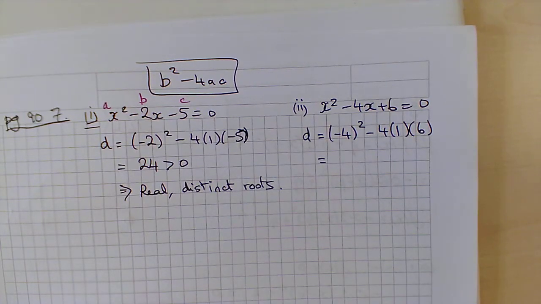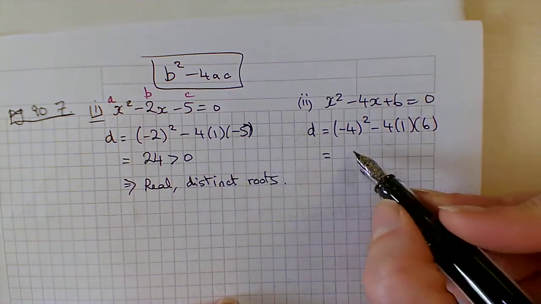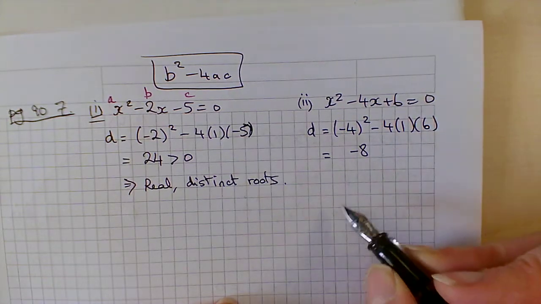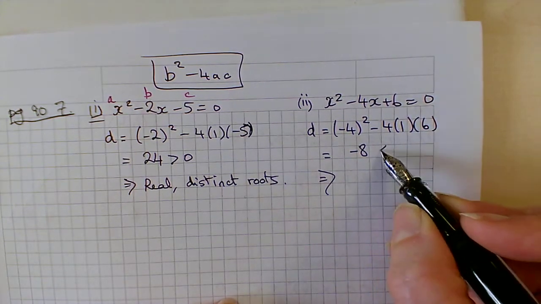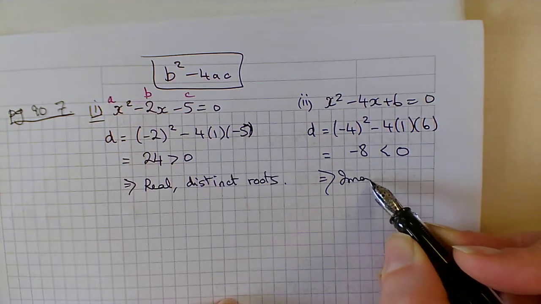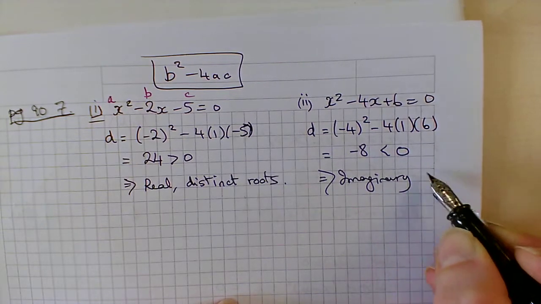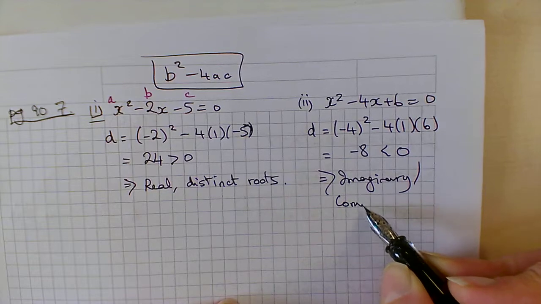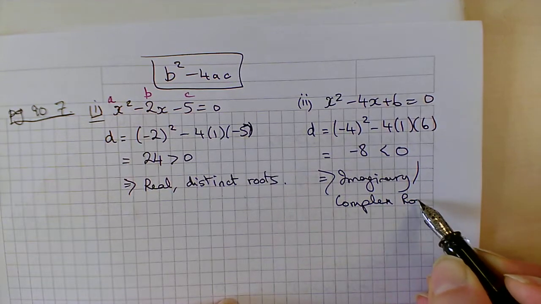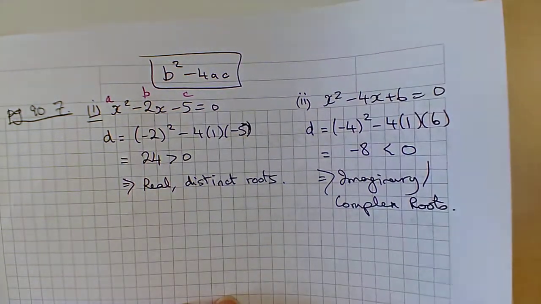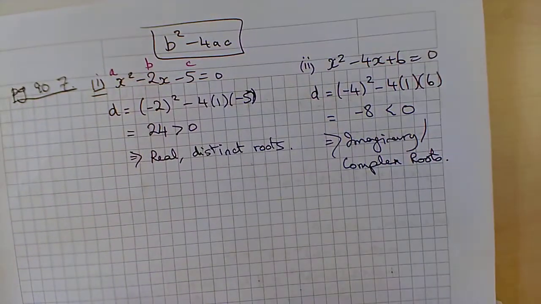Minus 8, I think. Yeah, negative 8. So we have imaginary roots. That's less than 0. Imaginary or complex roots. We haven't done complex numbers yet. We do sometimes call them complex roots.